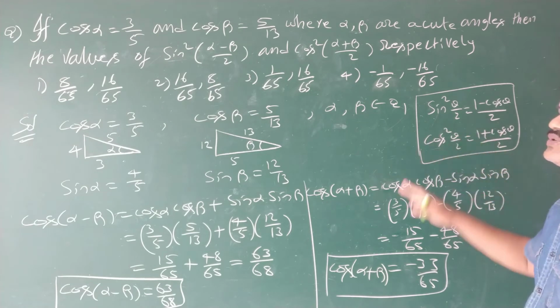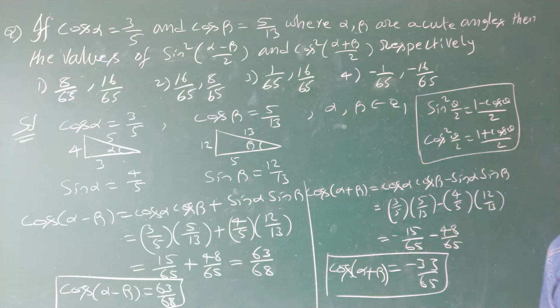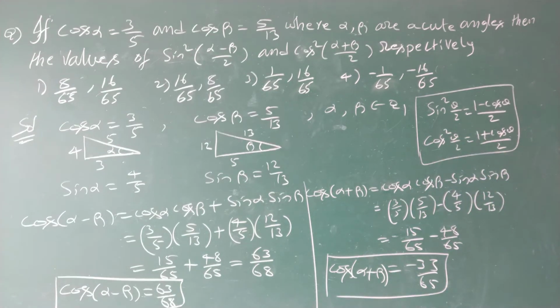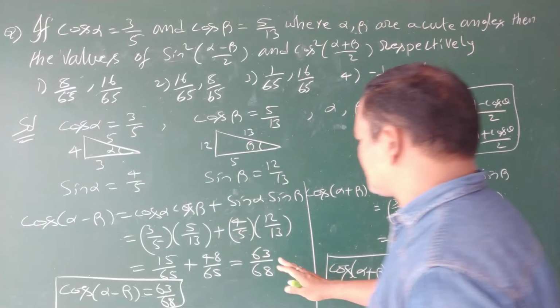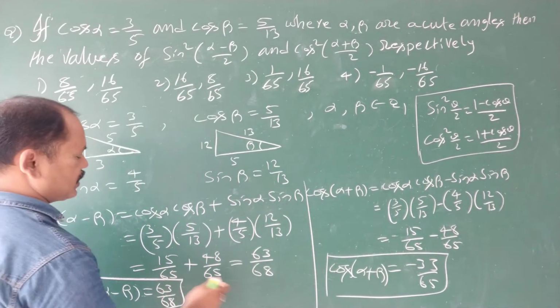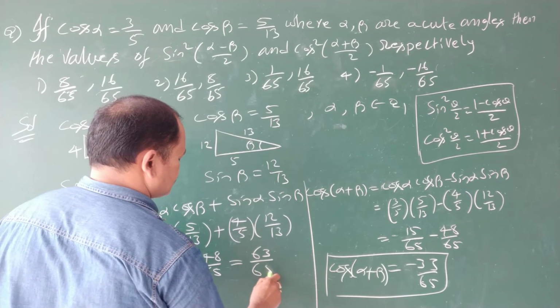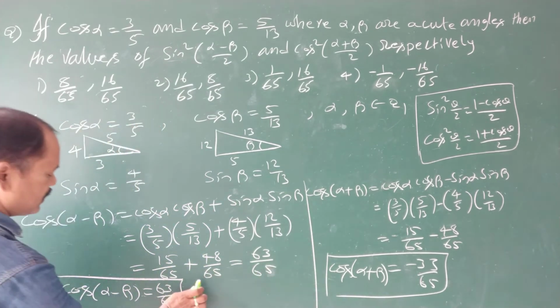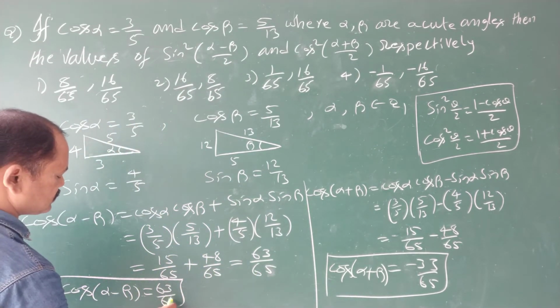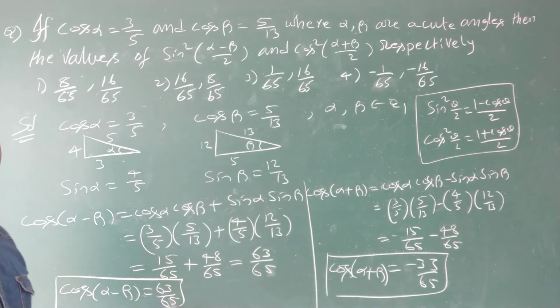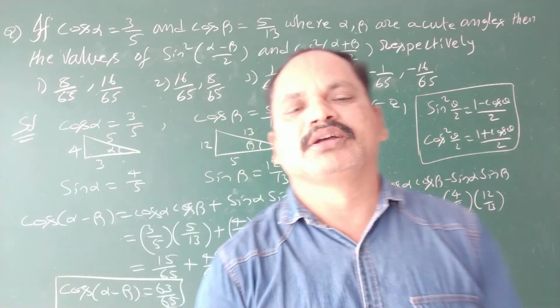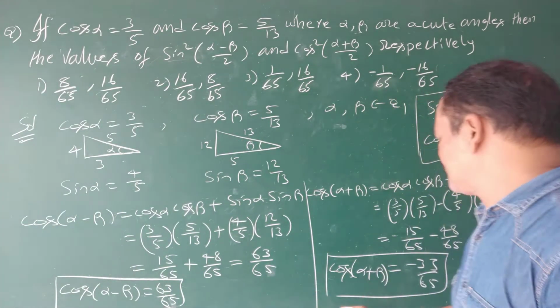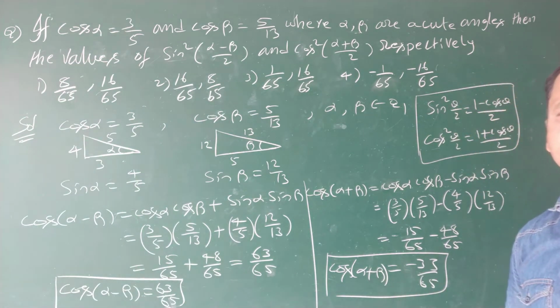So we have to substitute in these equations. Now the LCM is 65, that's why it is 63 by 65. That is not a mistake. So 63 by 65 here, and here it is minus 33 by 65.